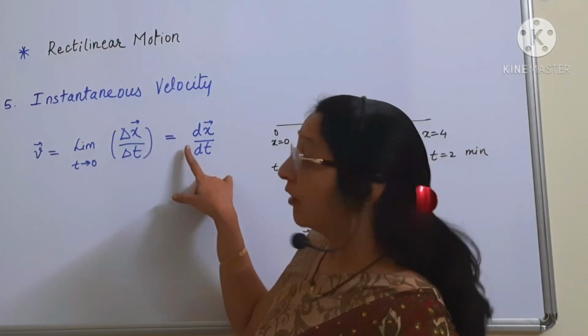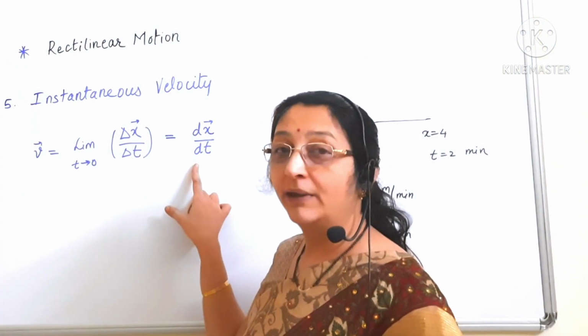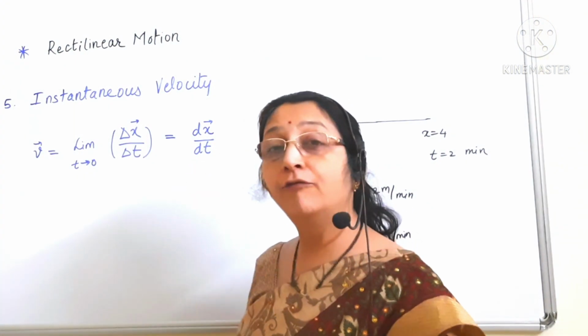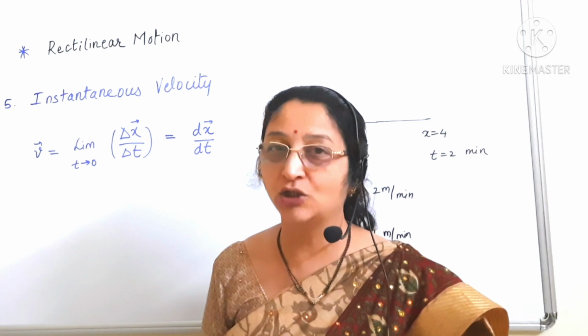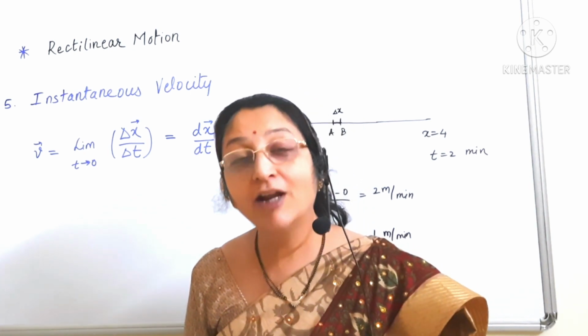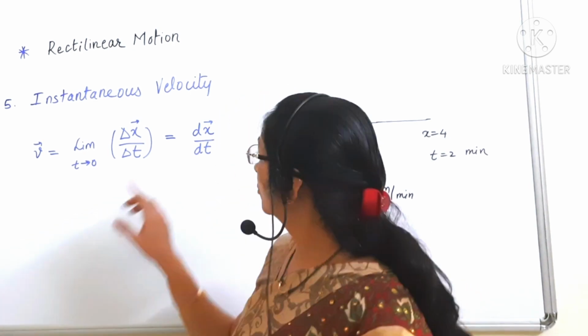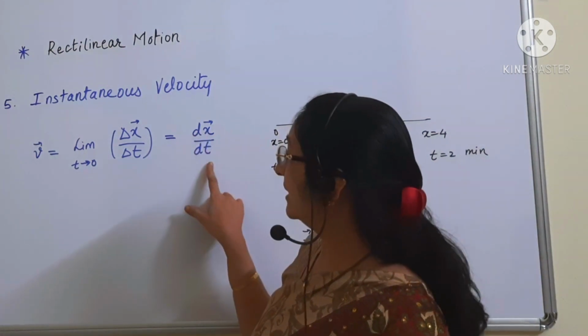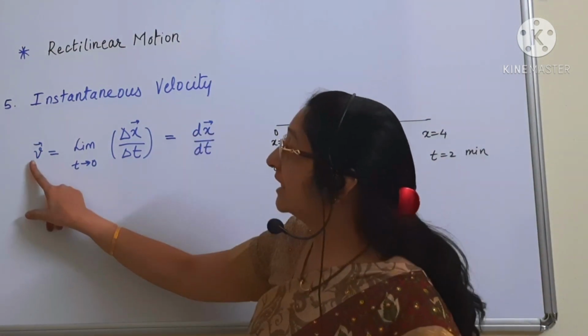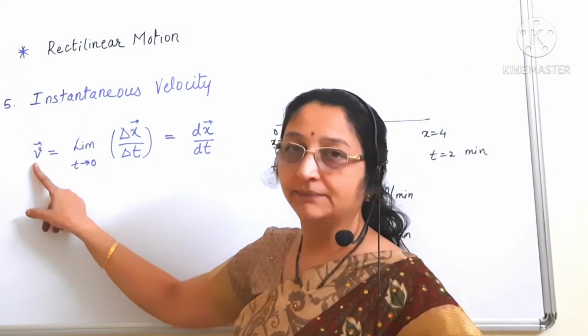We write it in differential form, as we have studied differentiation in mathematics. So we can write dx by dt. So instantaneous velocity is a vector quantity.